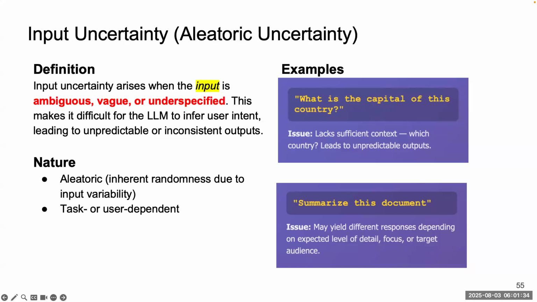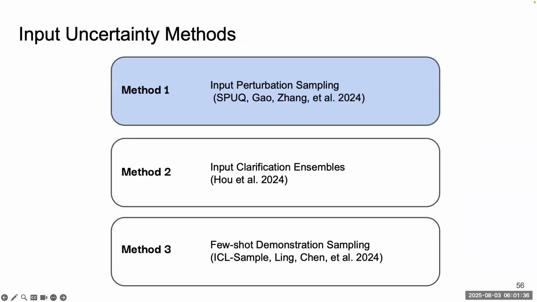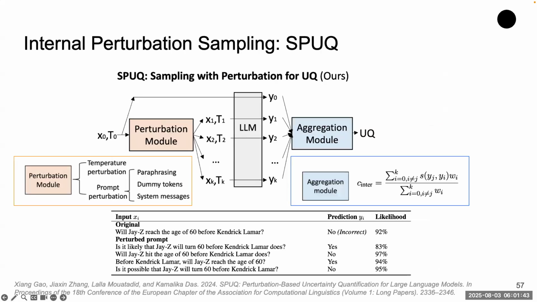All right, so let's talk about specific methods in the input uncertainty. We'll cover three. The first kind of method is input perturbation sampling. The idea is very simple. In this paper, they claim they address both epistemic and aleatoric uncertainties, so their aggregation yields the total uncertainty.